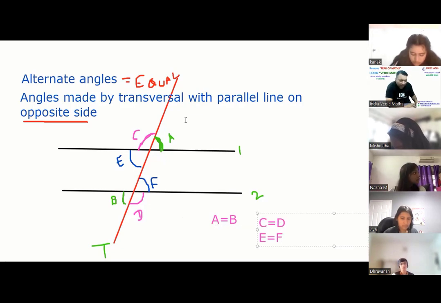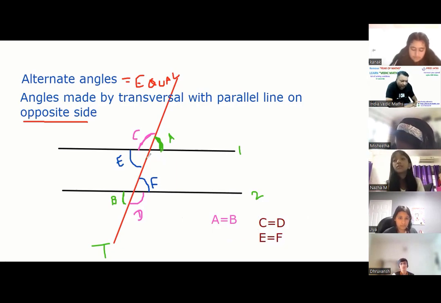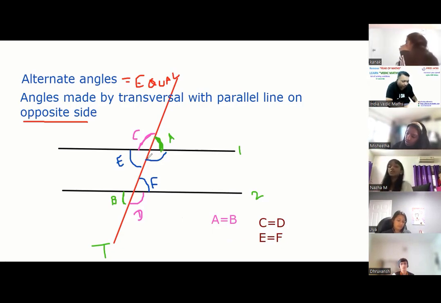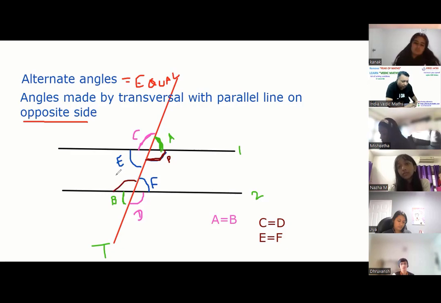Tell me, Najha, if I make the last angle here, say angle P, no, let me make a different color, brown. Angle P and angle Q, will they be alternate or no? Yes, sir. Correct.